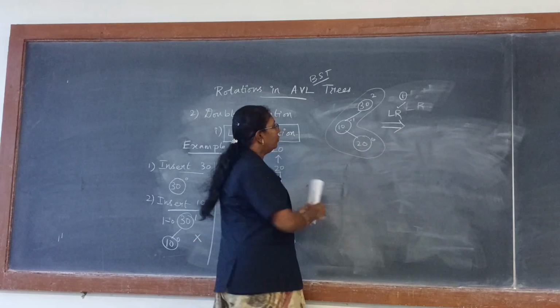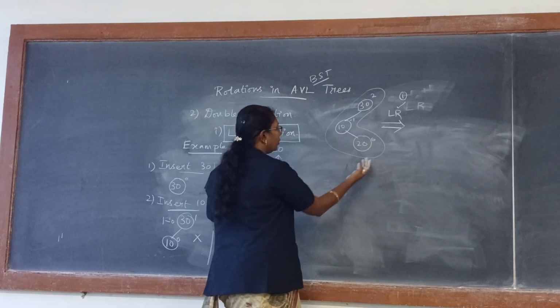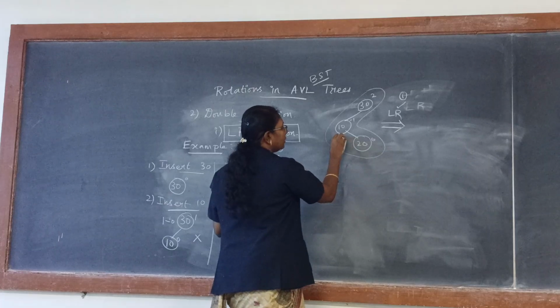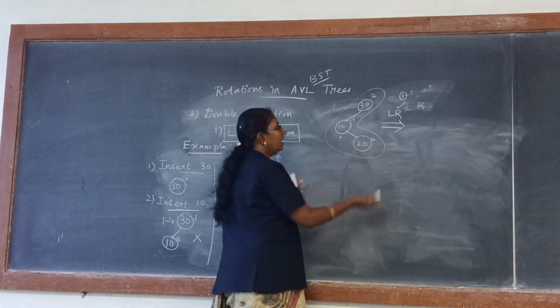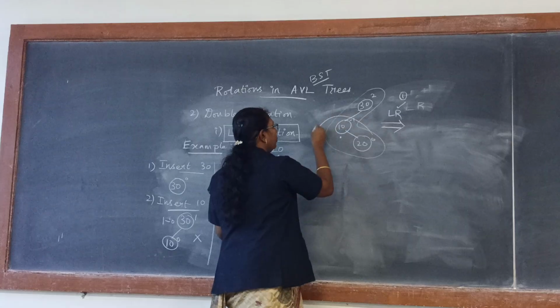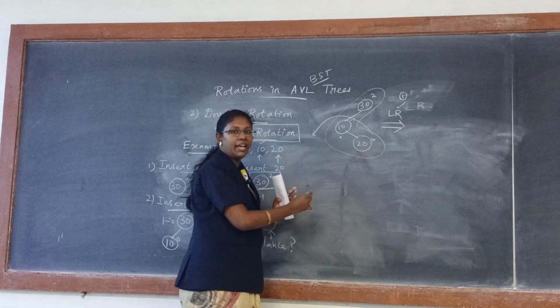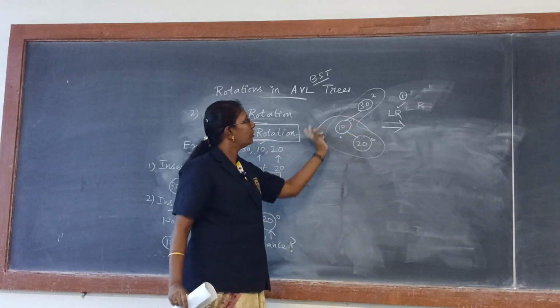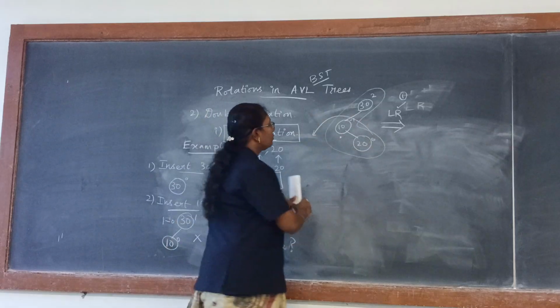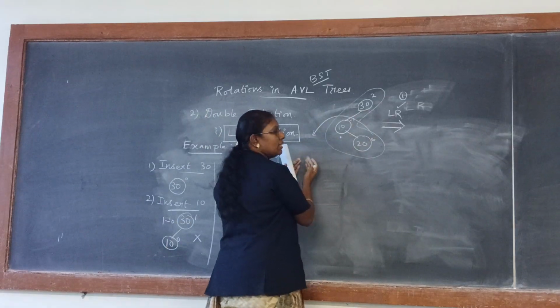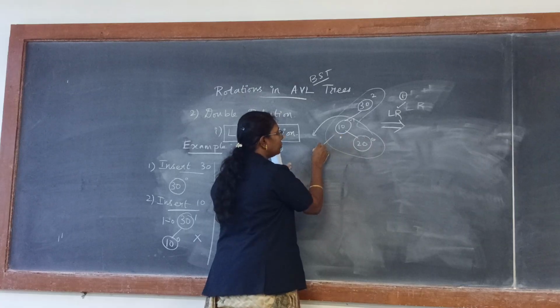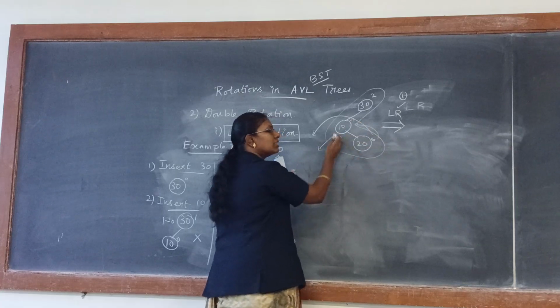Now for this left-right rotation, I'm going to make this point the pivot point and drag every node towards this point. That means I'm going to perform the left rotation towards the left side, so 10 will come to this point and 20 will travel towards this point.